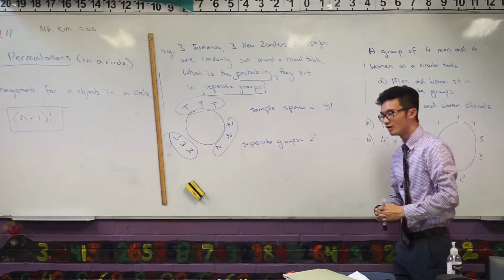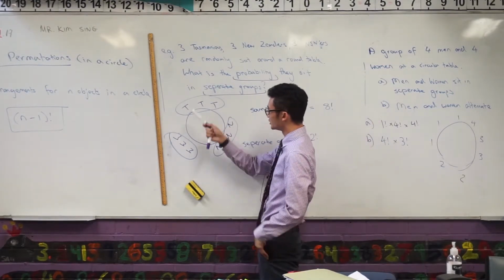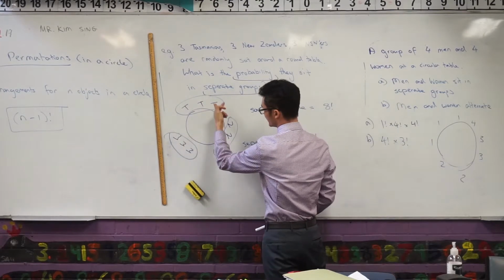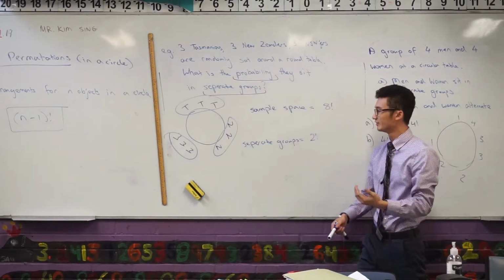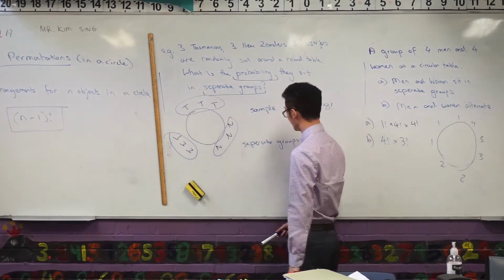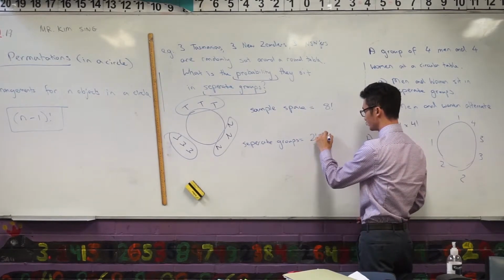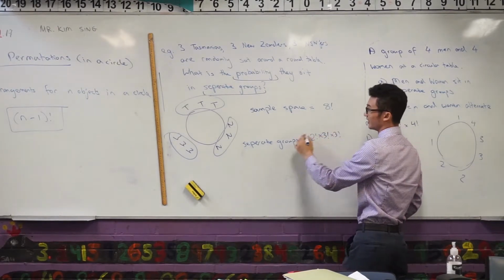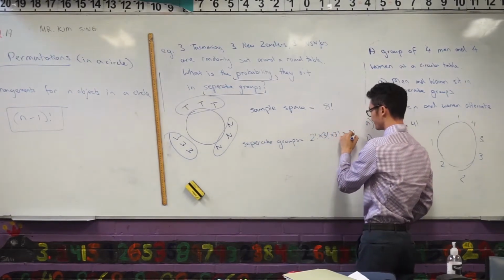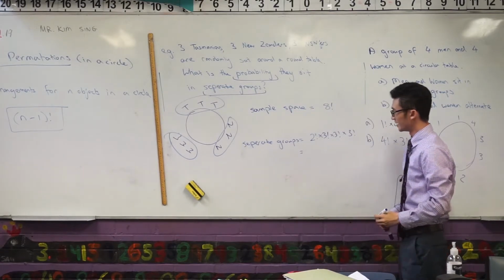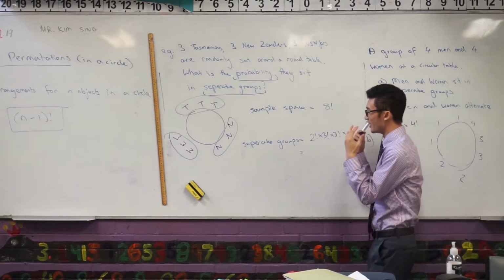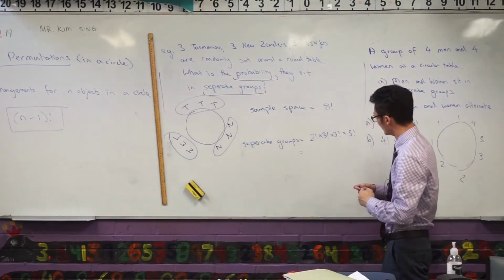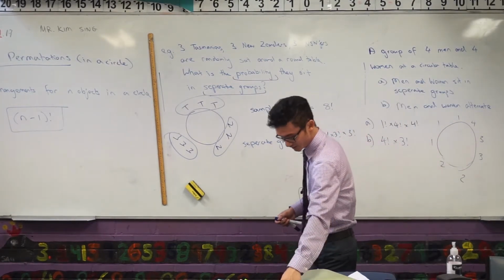But remember, all right, I'm not only just arranging these groups around the table, I can actually arrange them within themselves. How many ways can that happen? Well, you've got 3 New Zealanders there, so they can be arranged 3 factorial ways within that group. 3 New South Wales, and 3 Tasmanians. And if you calculate that, that will give you the number of ways you can have separate groups, which is, let's do that quickly.